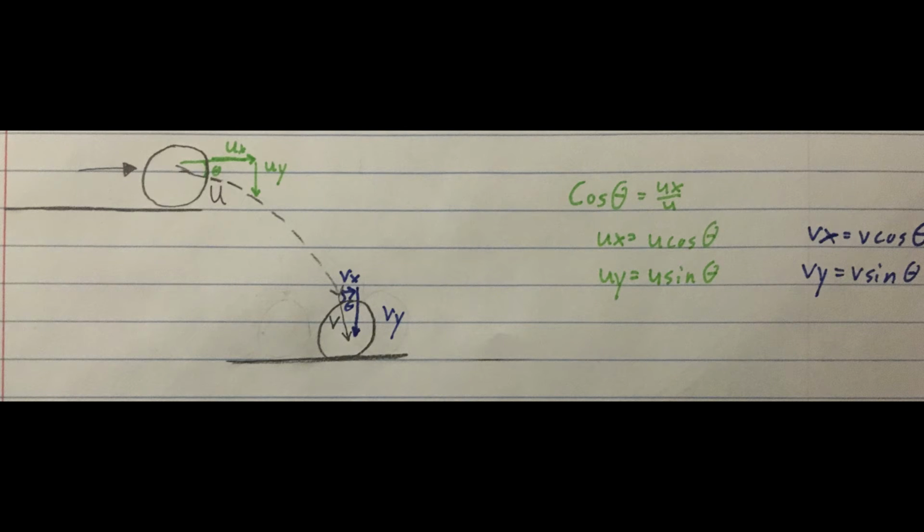Same with Vx and Vy. They are the final velocity in the horizontal and the final velocity in the vertical. Therefore, the initial horizontal velocity equals the initial velocity cos theta, and the initial vertical velocity is the initial velocity sine theta.